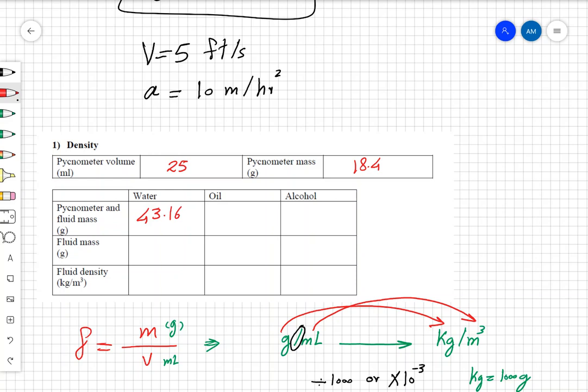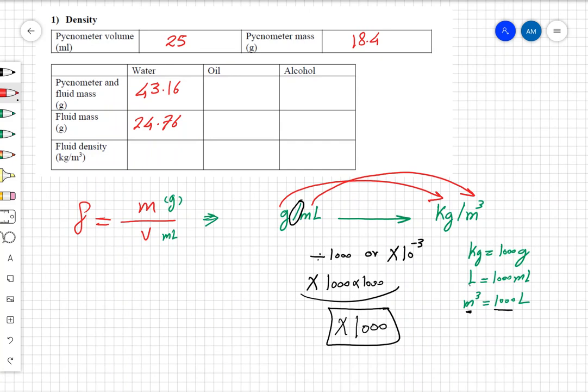So to get the fluid mass, we subtract these two numbers to get the fluid mass of 24.76 grams.